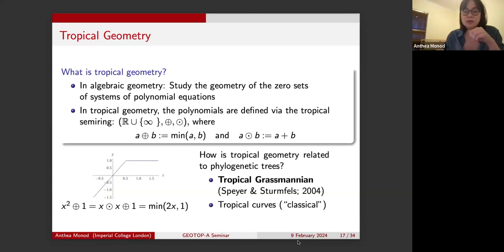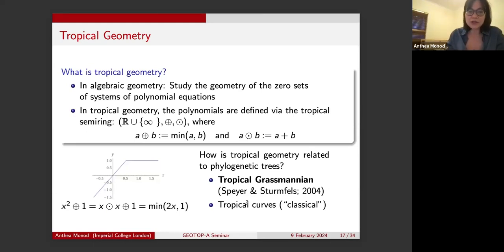And in tropical geometry, the polynomials are defined by the tropical semi-ring. Here you have two operations: the operation of addition is replaced by its minimum or maximum, depending on the convention, and the product between two elements is defined by their usual sum.